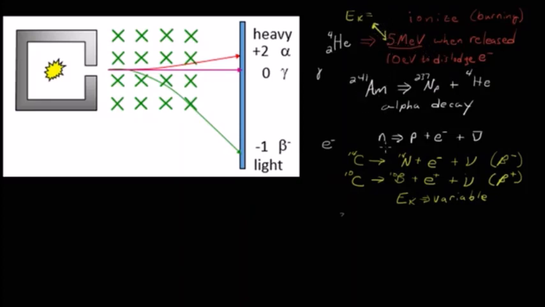So beta particles was variable. Alpha particles was always constant, 5 mega electron volts. And so they thought, what would cause this? Why would this be? Well, that's where the neutrinos came in.